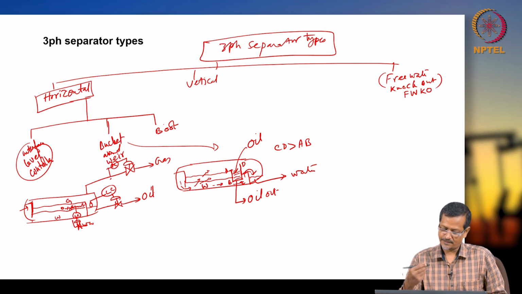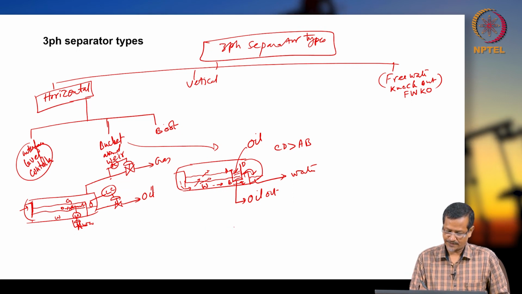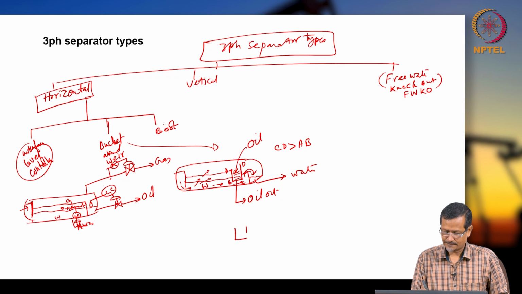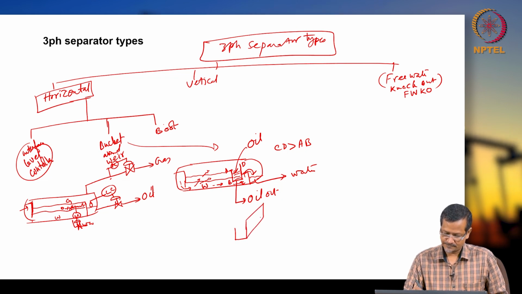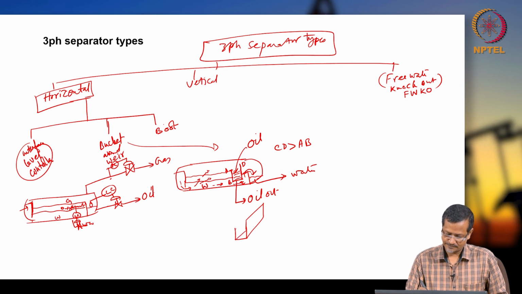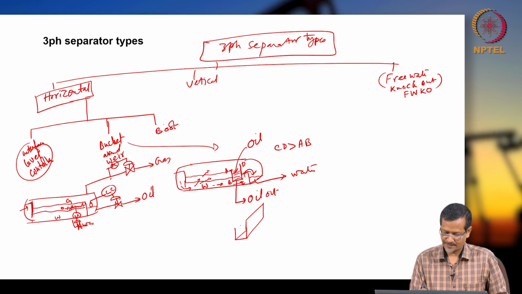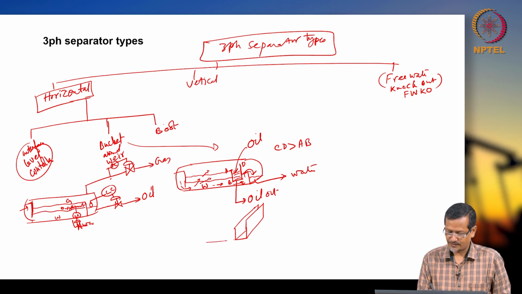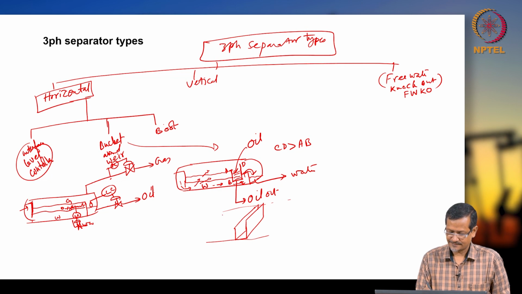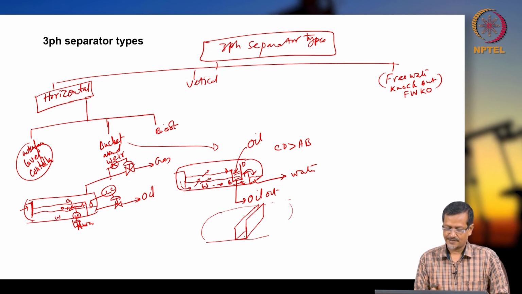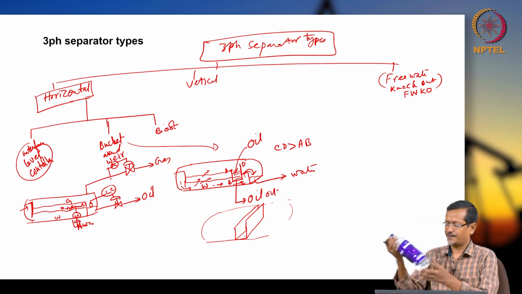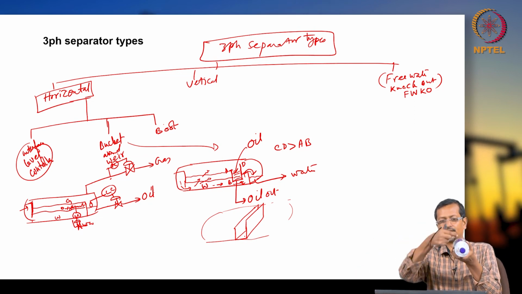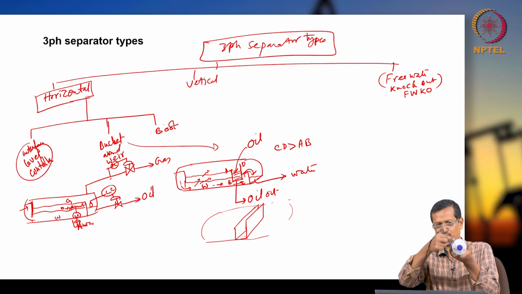So the bucket, if I draw in a 3-dimensional figure, how will it look? I am trying to draw. Your separator is like this, so completely you are blocking half portion, let's say.